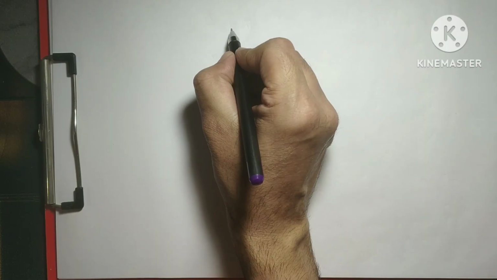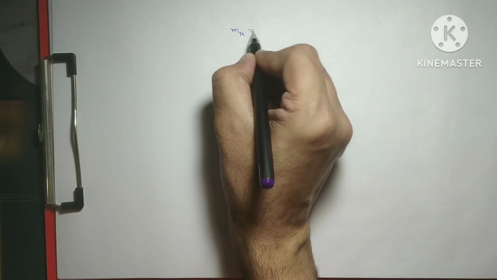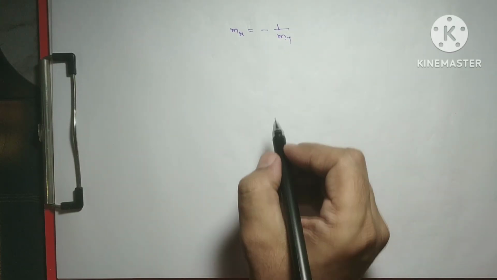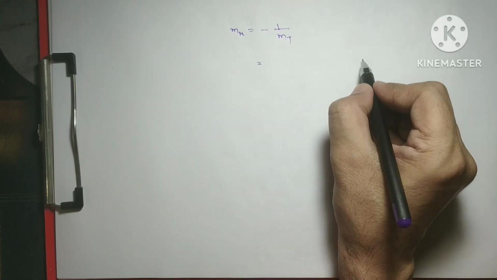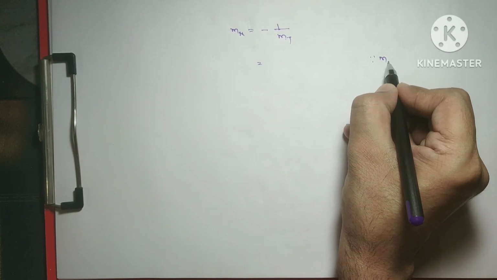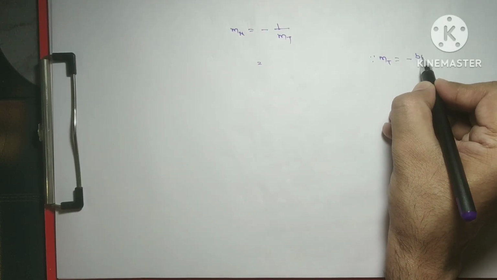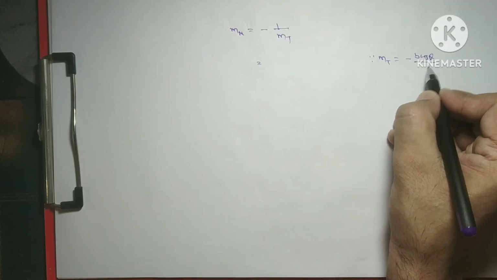What will be the equation of normal? So for this, first we will collect the slope of normal, which is the negative reciprocal of mt. Slope of tangent is minus b cos theta over a sin theta.